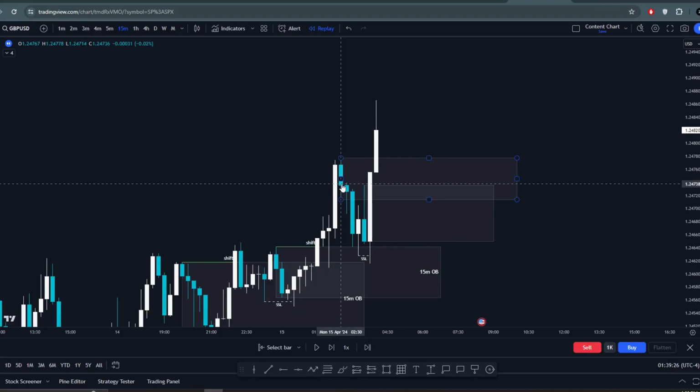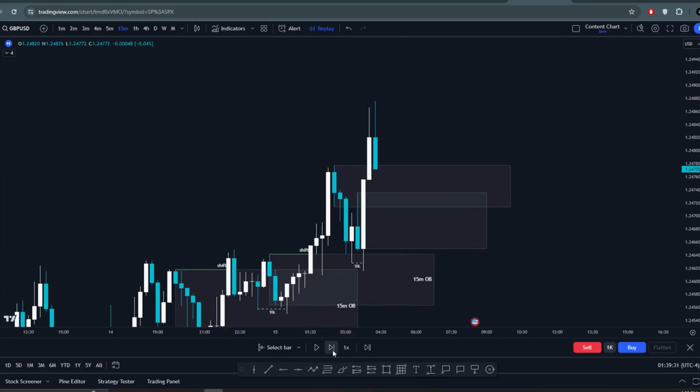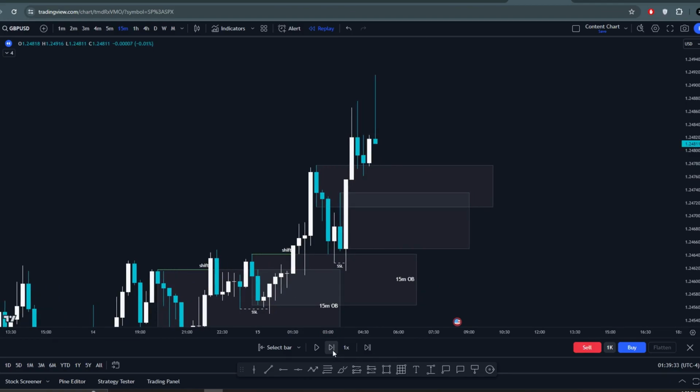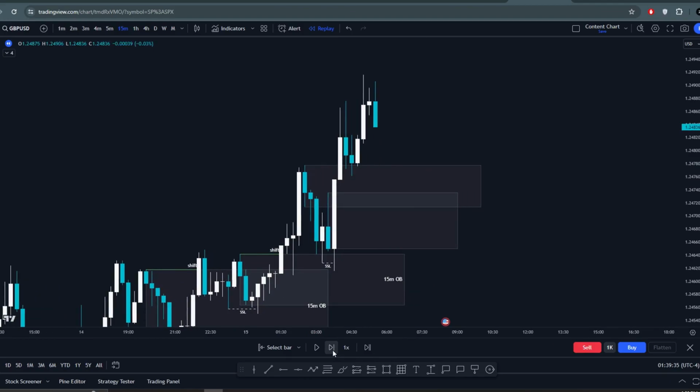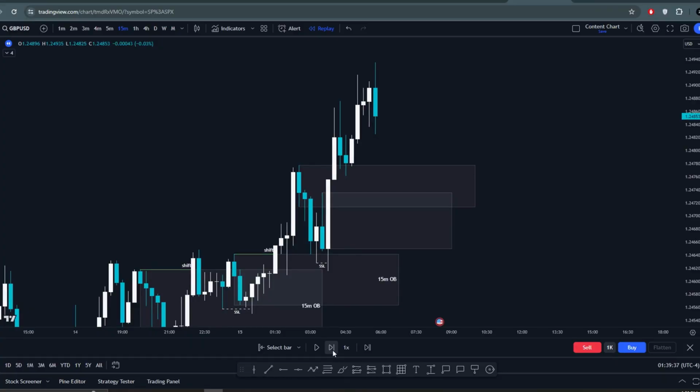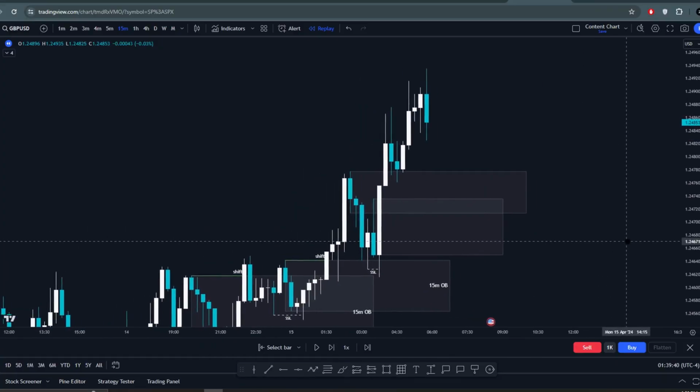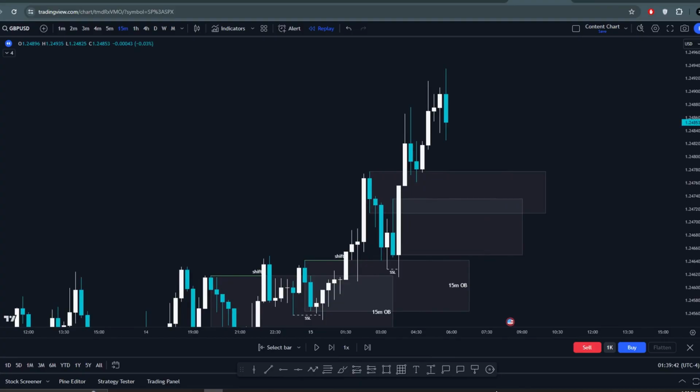And our last line of defense is this order block right here. And as we can see, the price has continued going higher. Alright, so remember, if we are bullish, the price should respect down close candles. And if we are bearish, the price should respect up close candles.